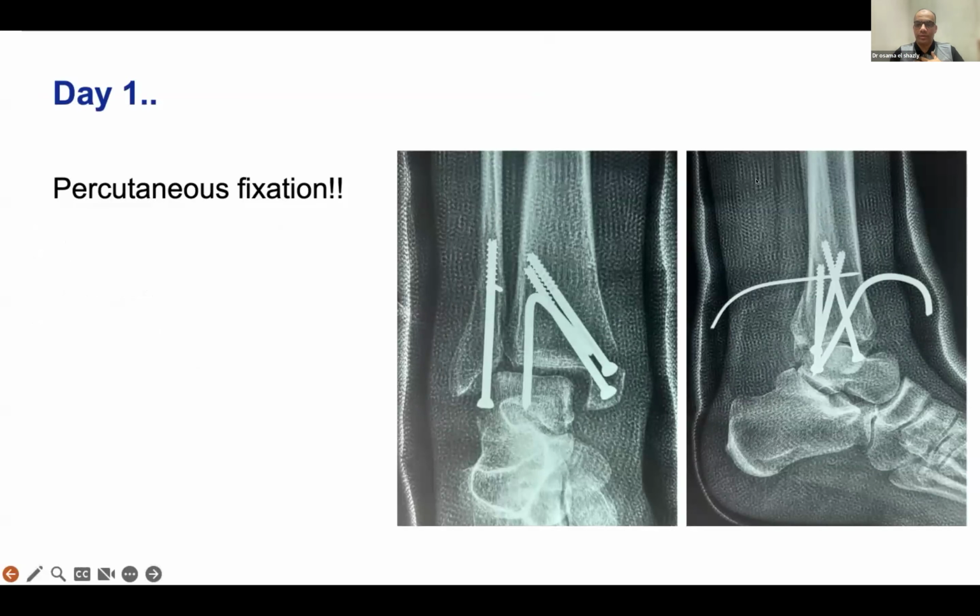What do you think about this? It's unstable. Yes, the patient has such a mal-reduced ankle, shortened fibula.